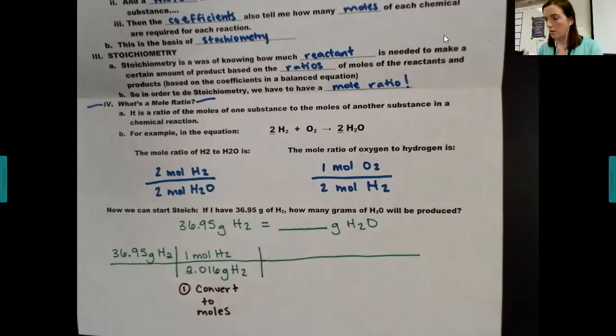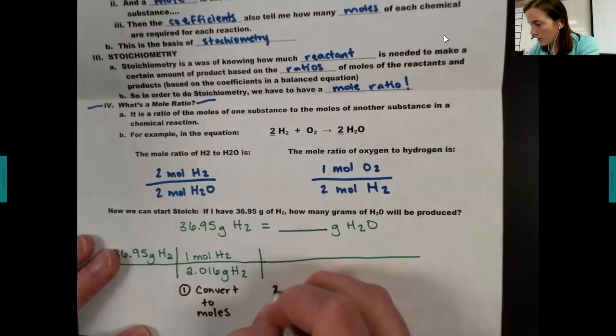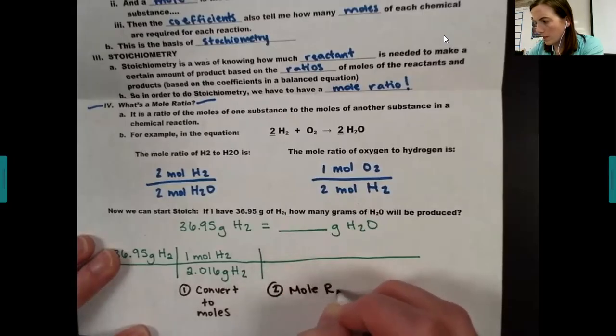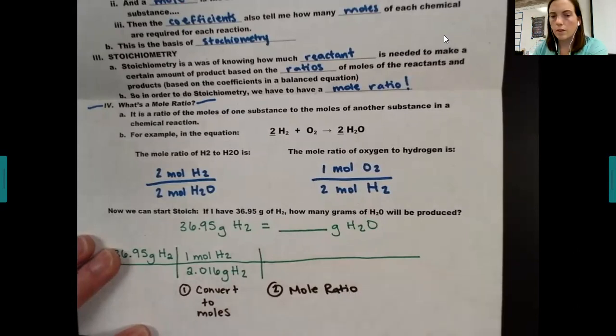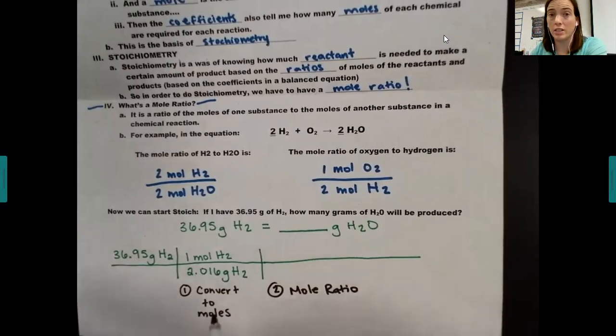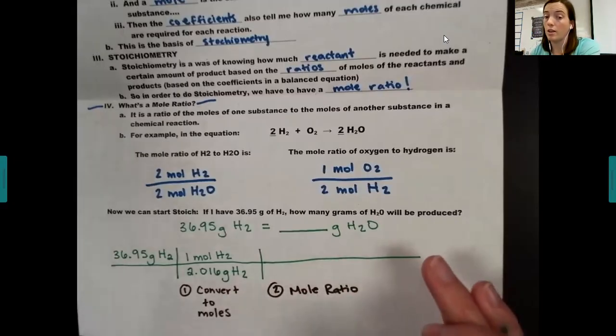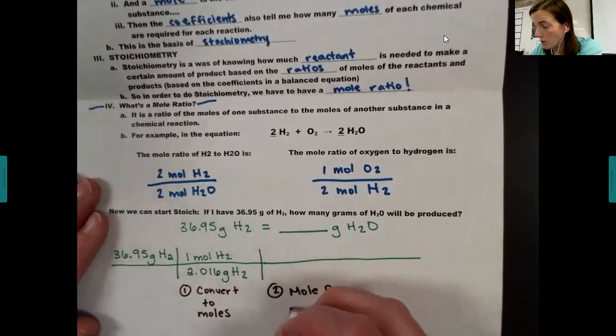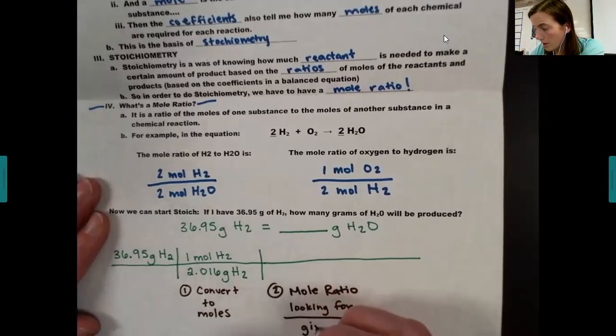So this next step, step 2, is going to be the mole ratio. Again, this is my translator step. It's going from talking about the language of hydrogen to talking about the language of water. For the mole ratio, you're always going to do what you're looking for on top over what you were given.